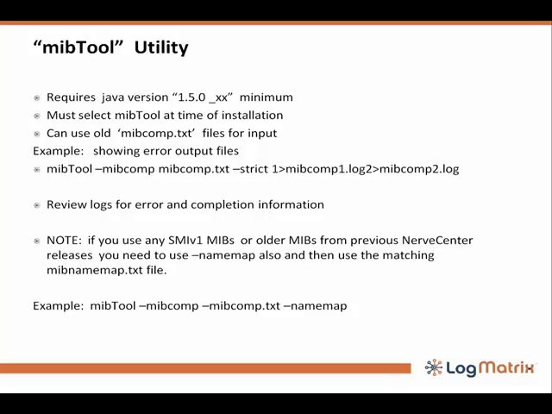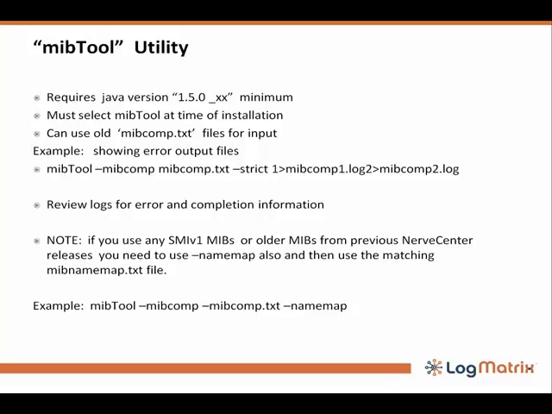You can use the old MIBCOMP.txt file. There is a directory for examples in the MIBs directory for samples that will show you the samples of running this. An example for showing error output files would be to run MIBTOOL minus MIBCOMP, MIBCOMP.txt. That's the text file that tells it all the MIBs that it needs to compile.